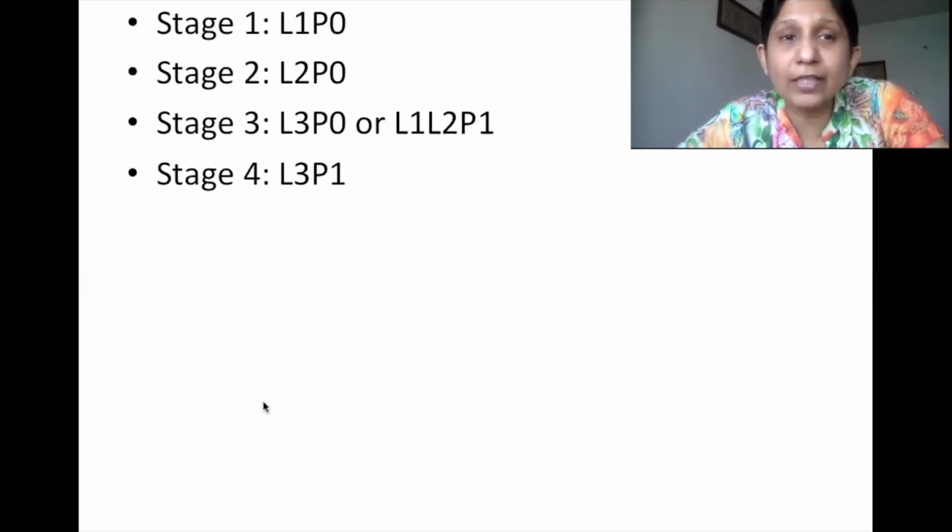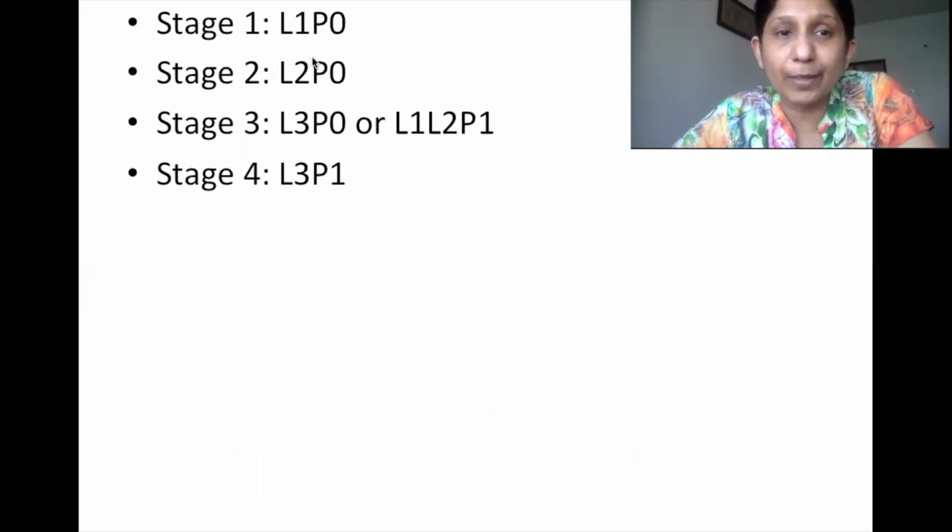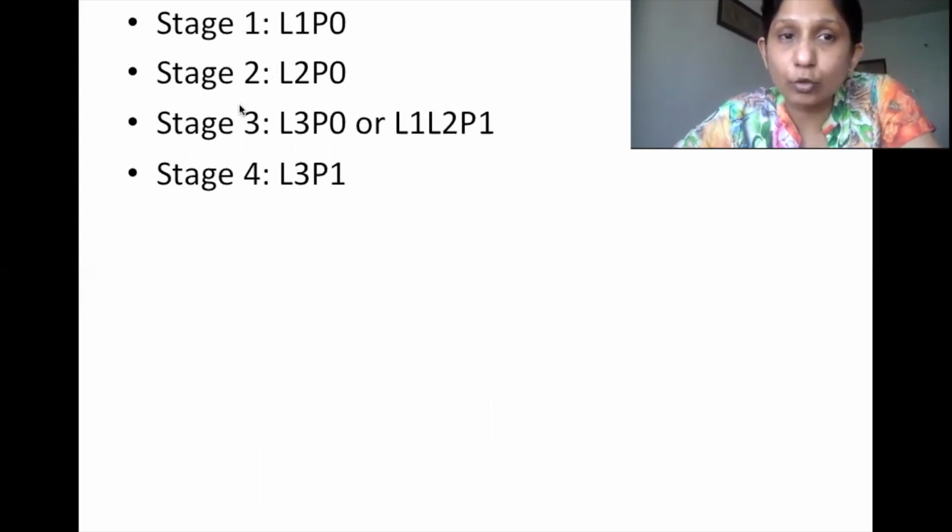So a stage is a combination of both pathological and clinical parameters. Stage 1 is L1 P0, and L2 P0 is stage 2. L3 P0 or L1, L2 P1 is basically stage 3, and L3 P1 is stage 4.